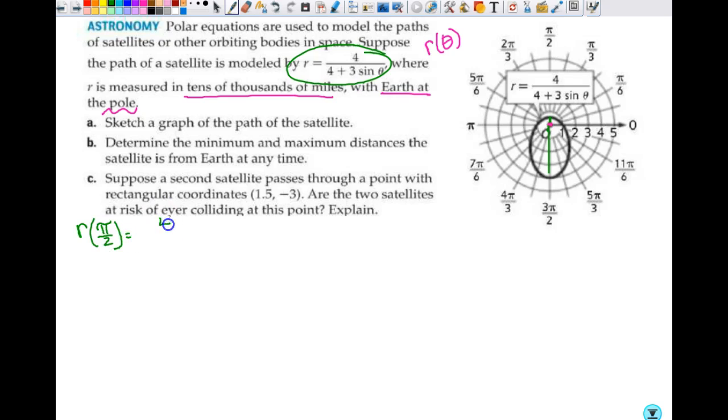That's going to give me 4 over 4 plus 3 times the sine of pi halves. 4 over 4 plus 3. What's the sine of pi halves? 1. So this is 4/7. So is my answer 4/7?